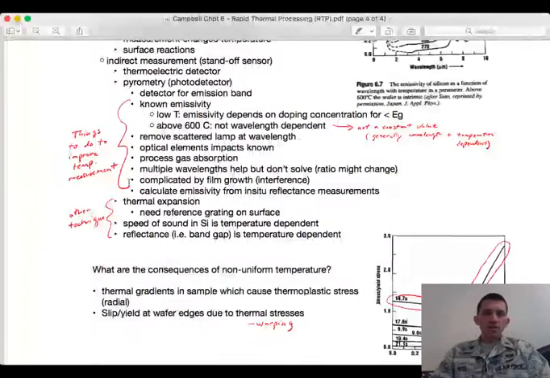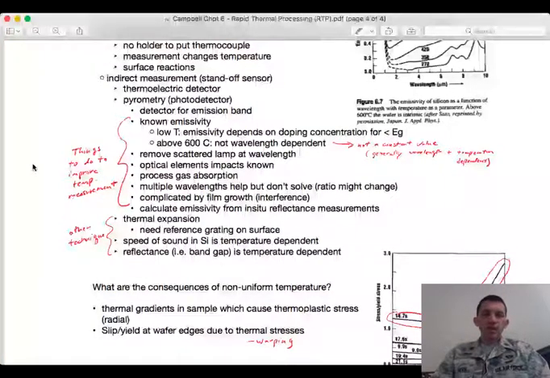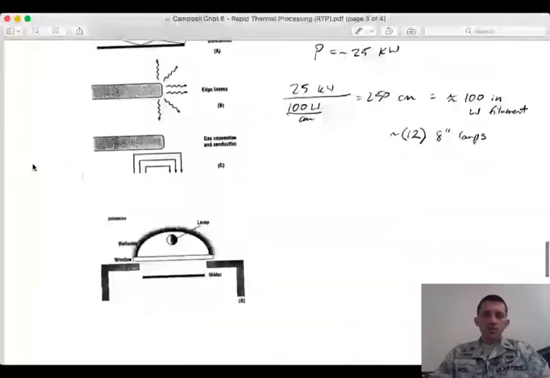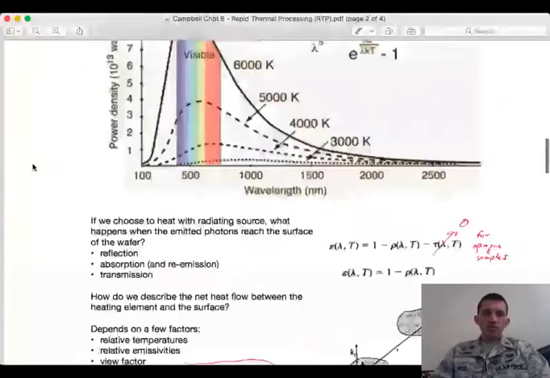Sometimes you could, and this is common for pyrometers, photodetectors, they actually can look at multiple wavelengths and use that to ascertain the emissivity, right?